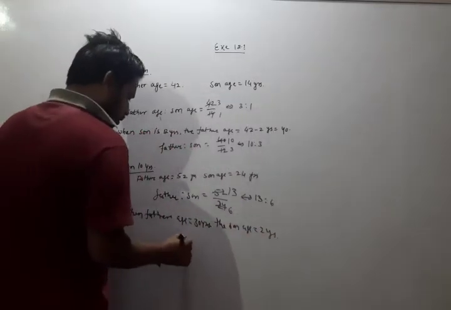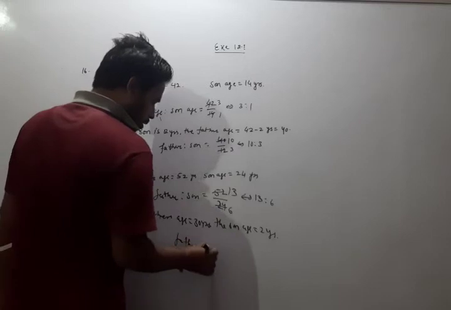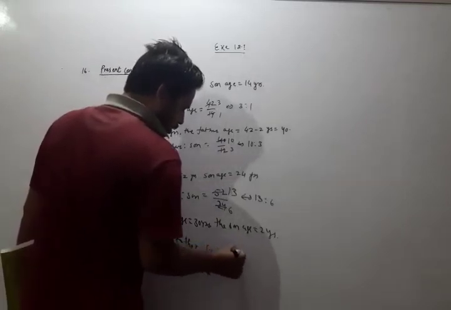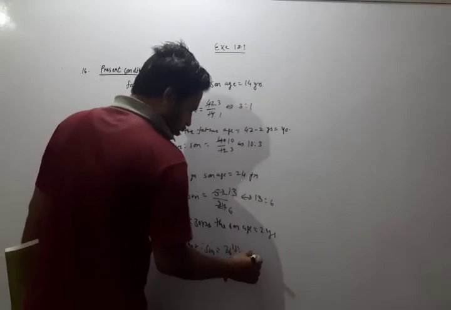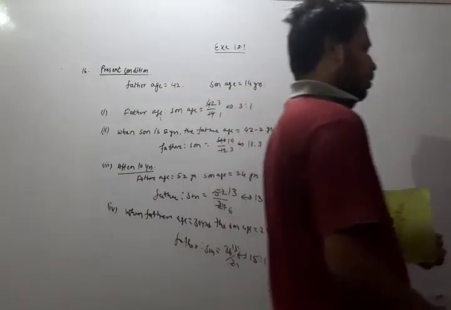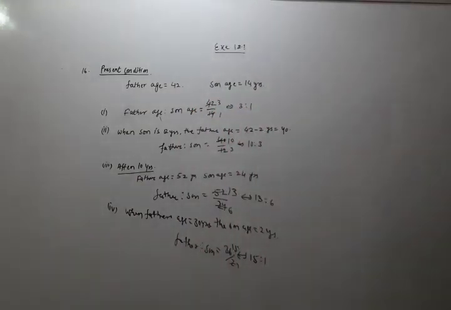So father to son will be 30 upon 2, that is 15:1.